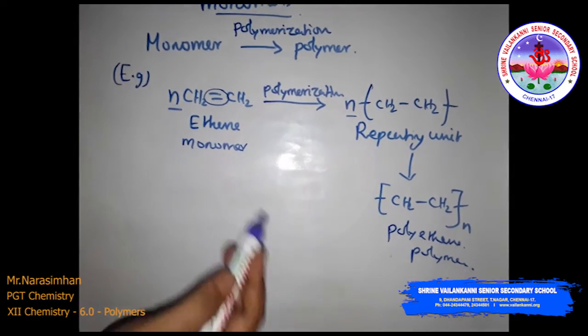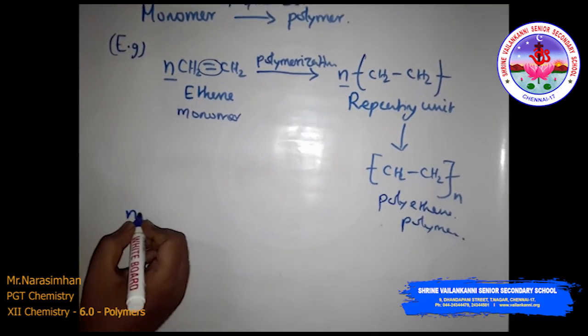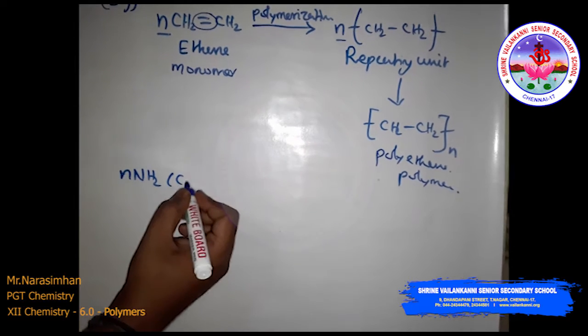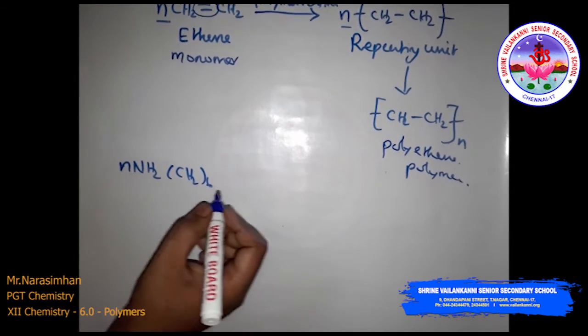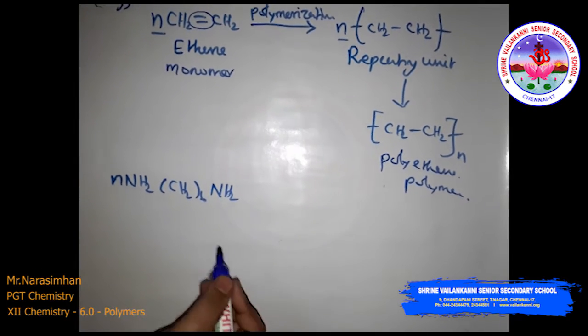One more example is hexamethylene diamine: NH2 (CH2)6 NH2. This is hexamethylene diamine.